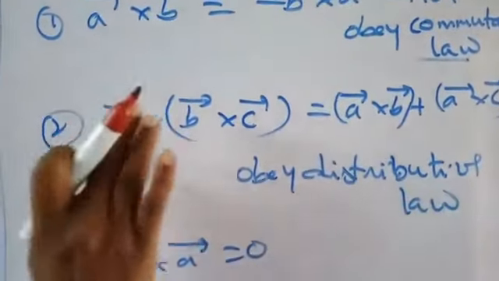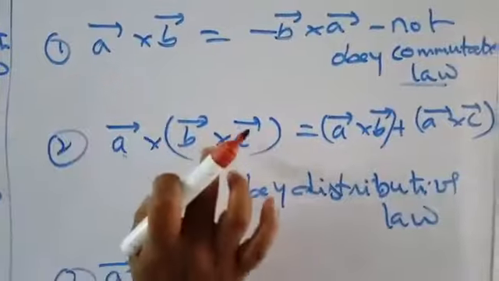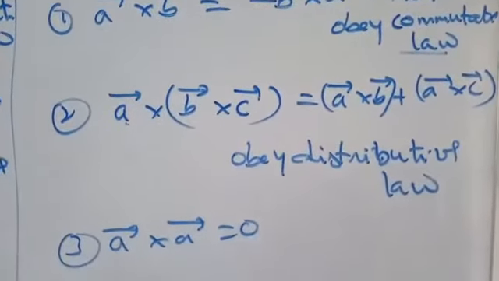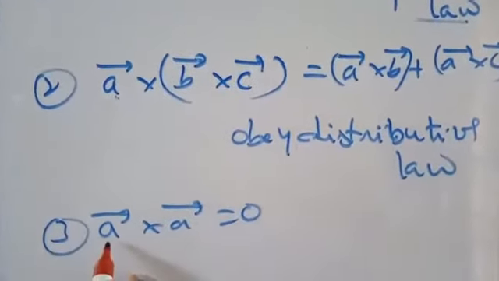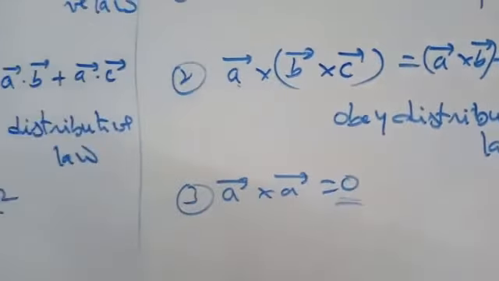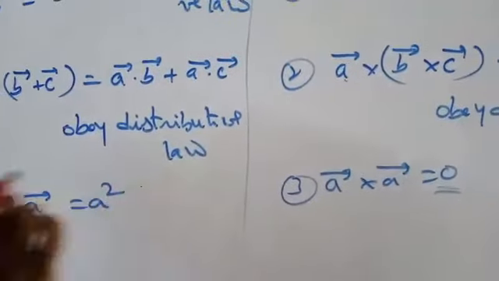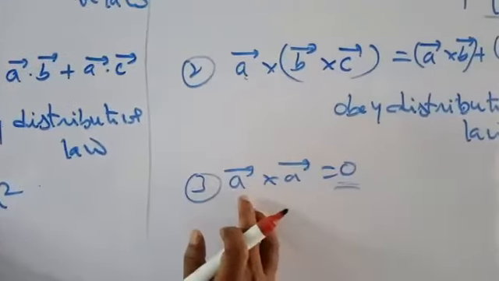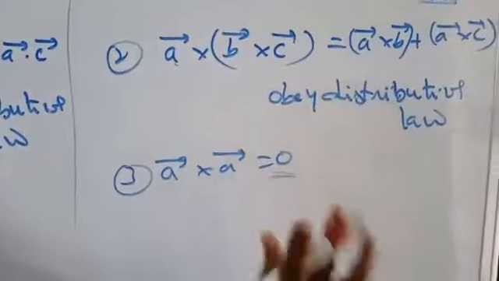So the distributive law is obeyed in dot product and cross product. Third point: here A bar cross A bar is equal to 0, whereas in dot product A bar dot A bar is equal to A square.